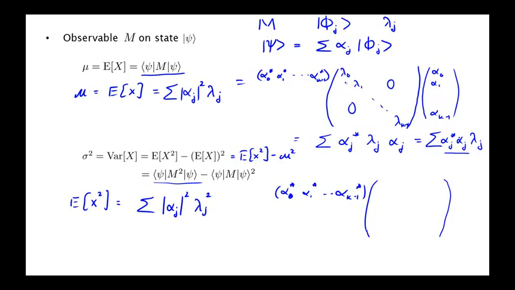It'll just look like a diagonal matrix: lambda naught squared, lambda 1 squared, up to lambda k minus 1 squared. So when you square a matrix, its eigenvectors remain unchanged and its eigenvalues get squared. And so, of course, now you can see that this is clearly equal to that.